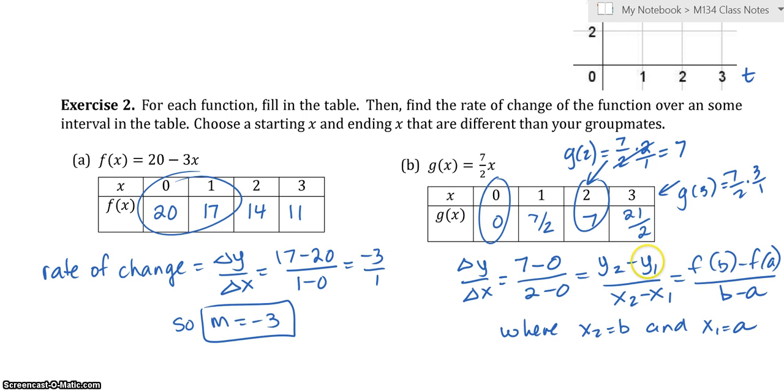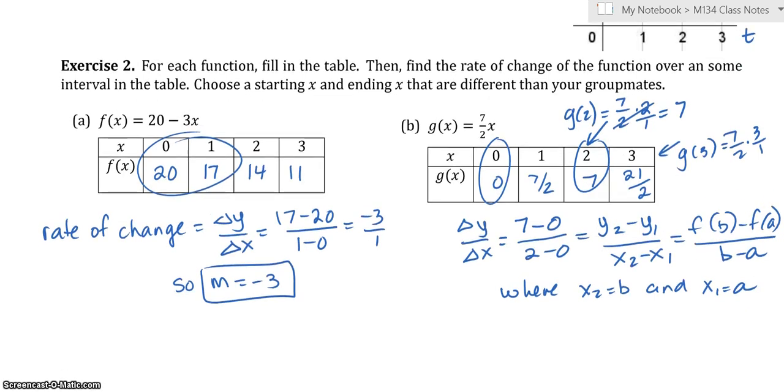So if you like this notation better than theirs, that would be fine. But you can see here that the delta y over the delta x is going to just be 7 over 2. You can leave it like that. That's a great way of writing it. Or you can change it to a decimal.